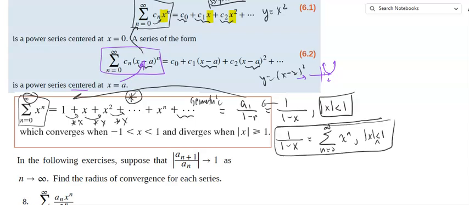That means x is between -1 and 1. If x is 1 or greater, or -1 or less, then it diverges. Keep in mind, I need a 1 there, I also need a 1 there, and I need a minus, and this is the key, that x is that x.